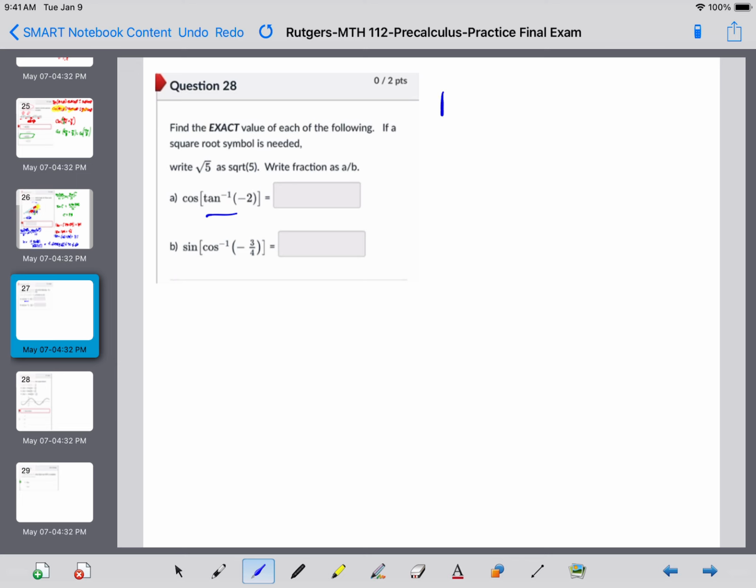That's essentially saying tangent of theta equals -2. It has to be the exact value. Okay. So we have theta.